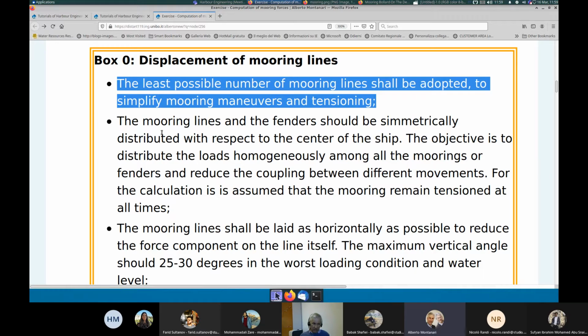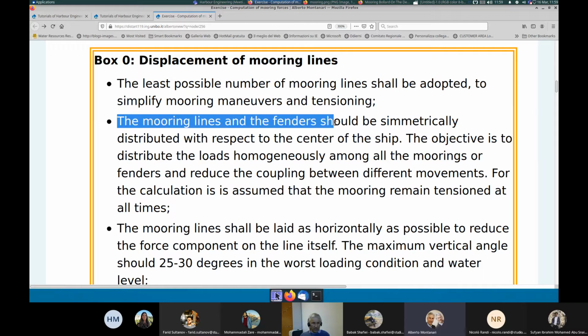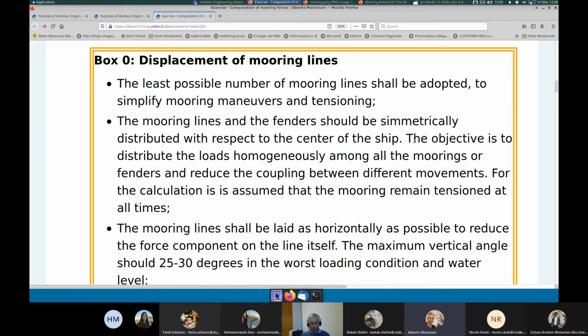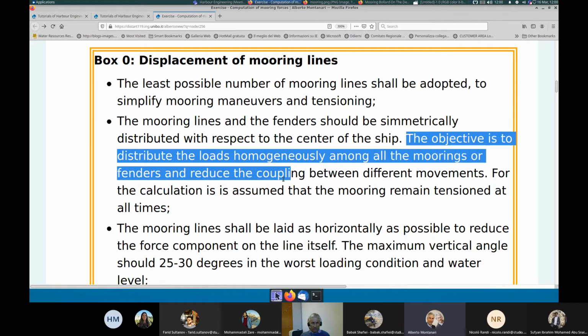The simpler, the better. Now, the mooring lines and the fenders should be symmetrically distributed with respect to the center of the ship. And the center of the ship is to be intended as the center of gravity. The objective is to distribute the loads homogeneously among all the moorings or fenders and reduce the coupling between different movements.